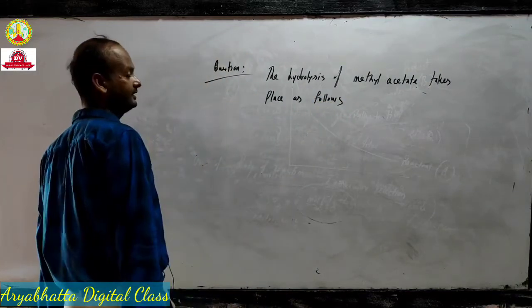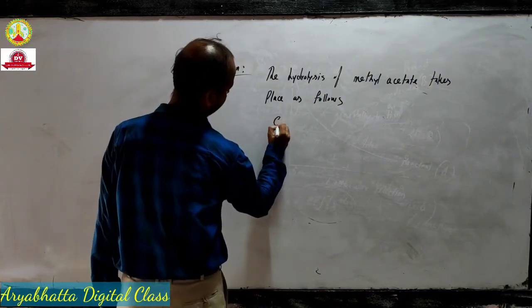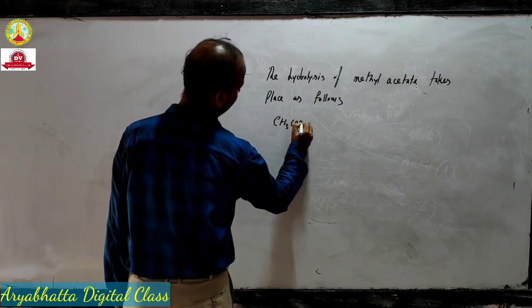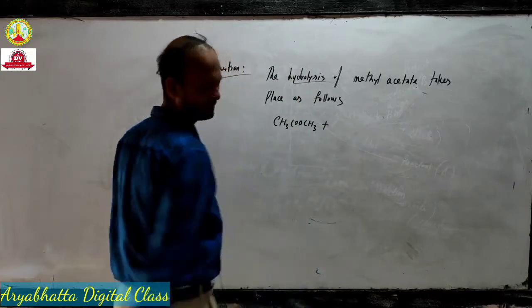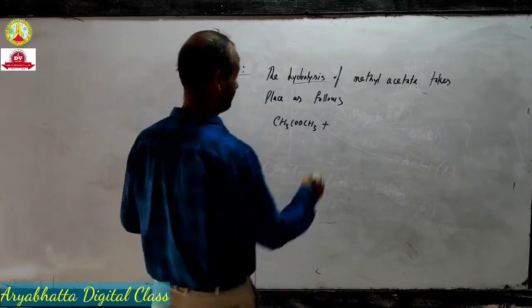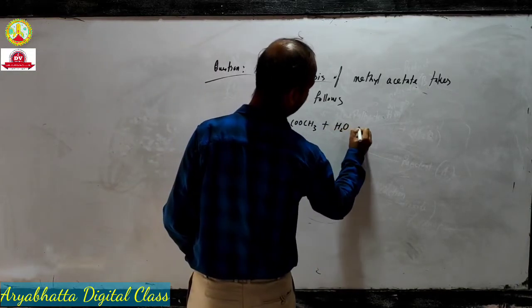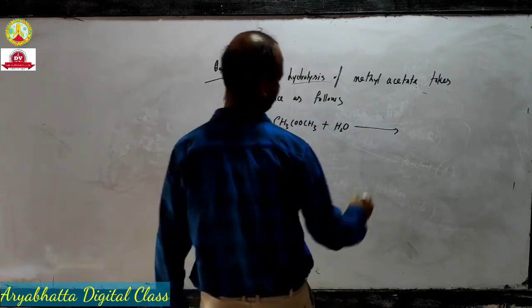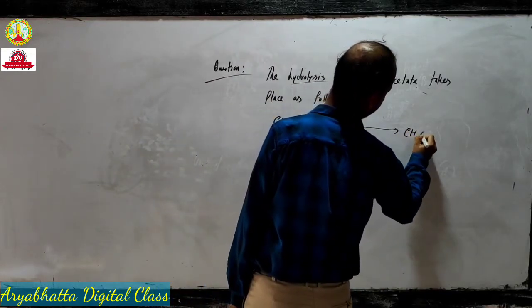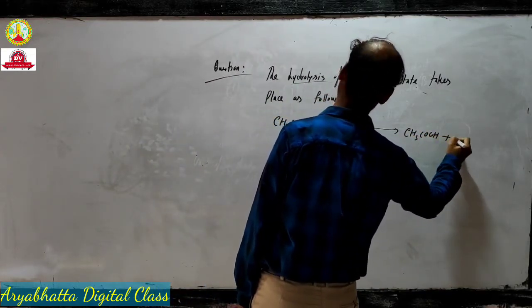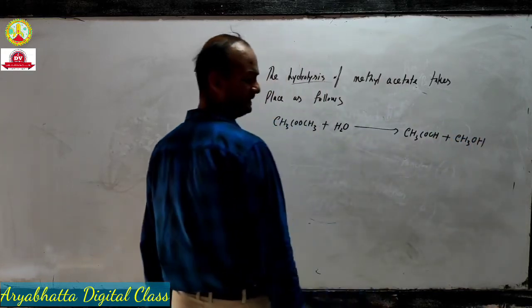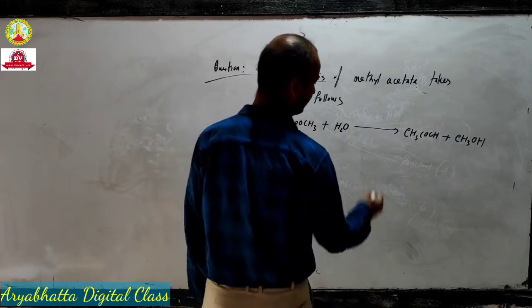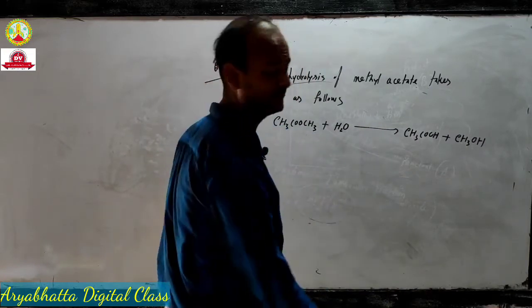Methyl acetate hydrolysis reaction. This is methyl acetate. Hydrolysis means addition of water. Just add water. You will get finally this product, acetic acid, and this is CH3OH. Generally this reaction takes place in presence of a catalyst. I will later discuss what a catalyst is.